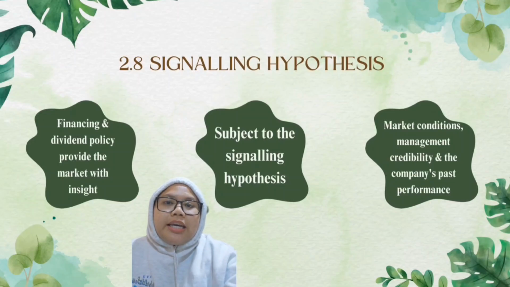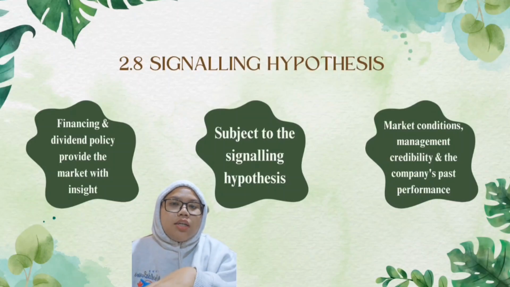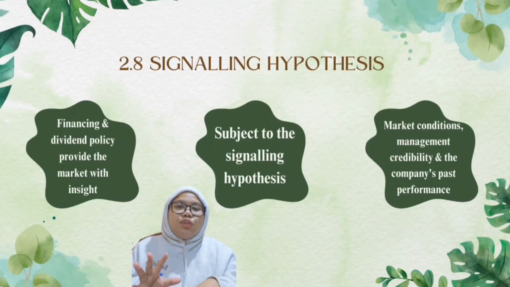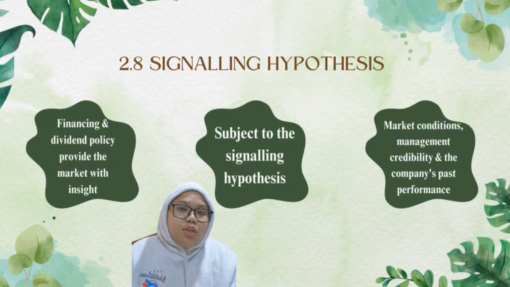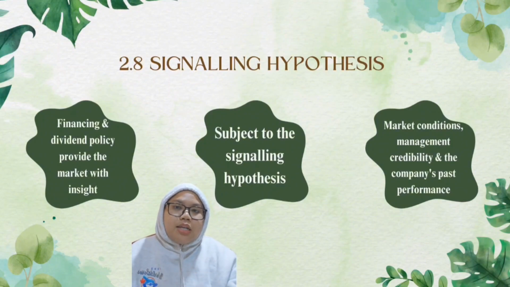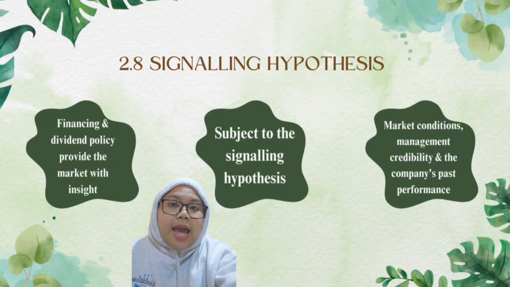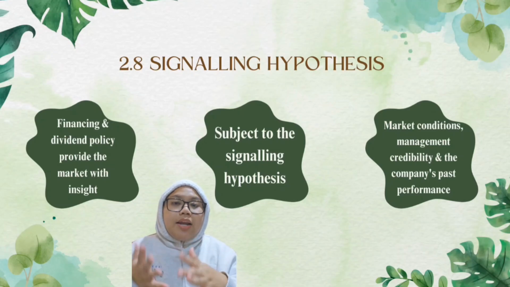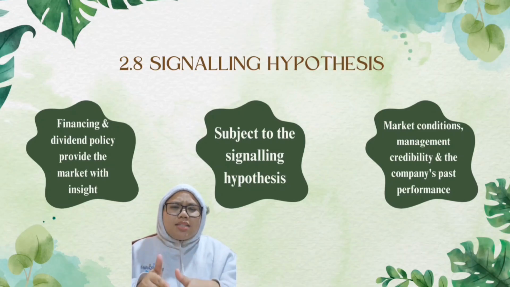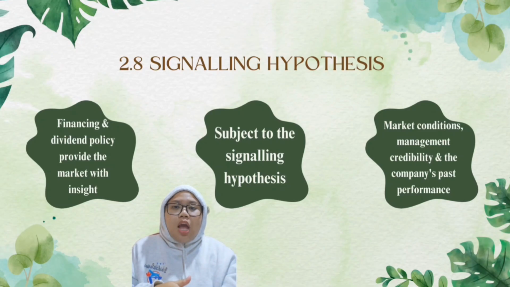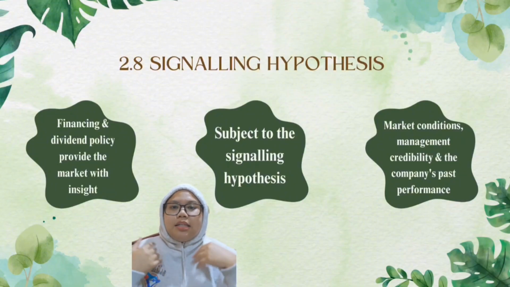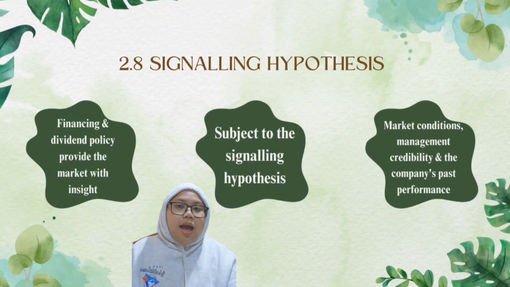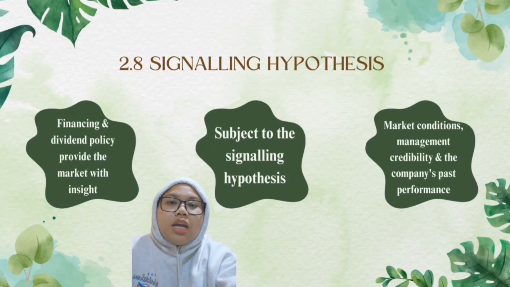This theory is predicated on the notion that management usually possesses greater knowledge regarding the company's actual financial status and prospects. Managers can affect stock prices and investor views by communicating this confidential information to the market through their actions.